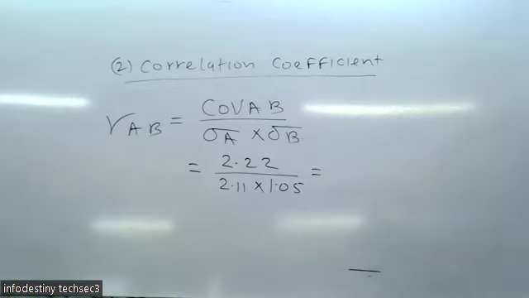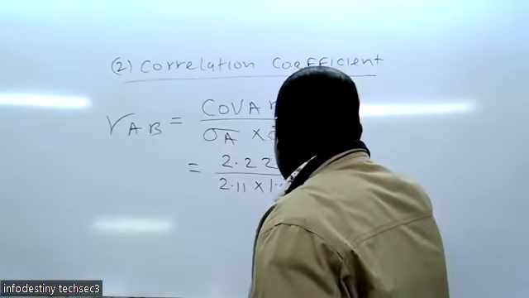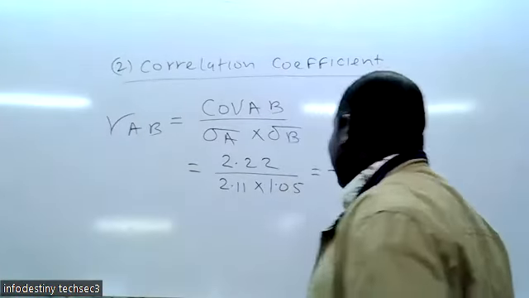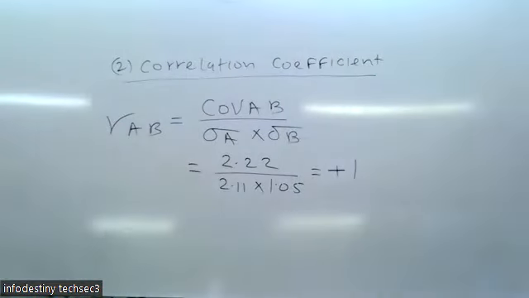We get a value of that. So when you round it off to 2 decimal places, it ends up with 1. So we show it as positive or negative. So this one is +1.